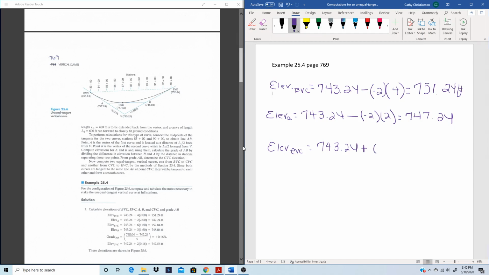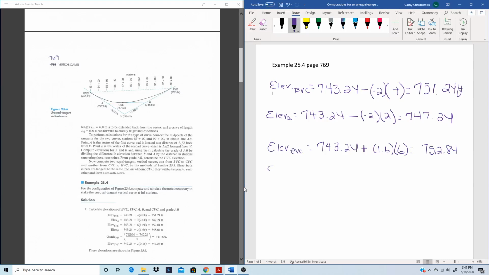So this is a 1.6% grade times 6 stations, because it's 600 feet for this, our curve 2. So you should get 752.84.